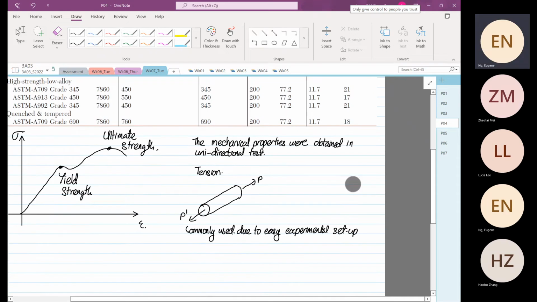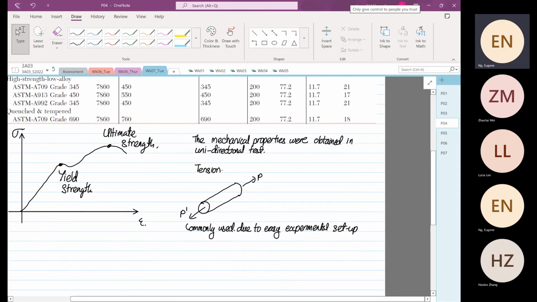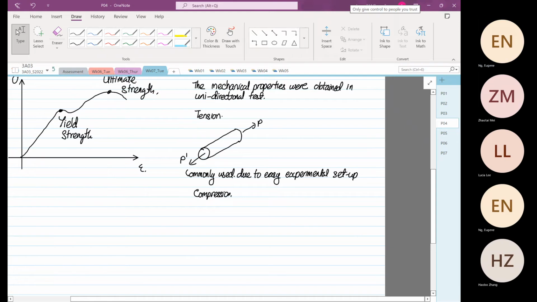So in tension. Then the next most commonly used is compression. Again, you have a material over here, then you have it in compression.